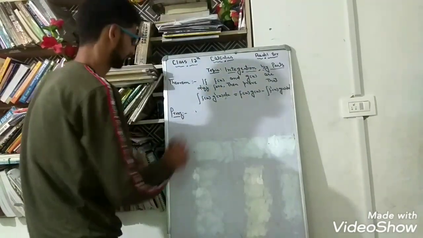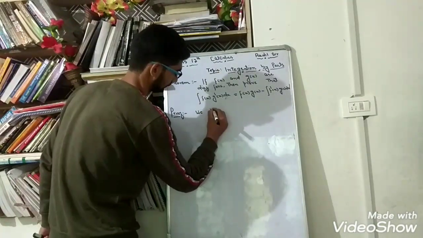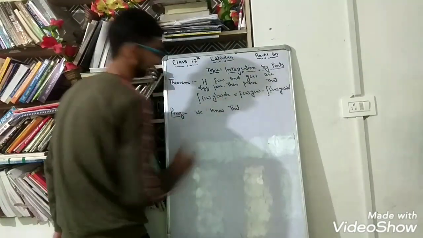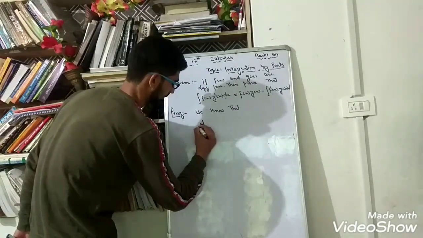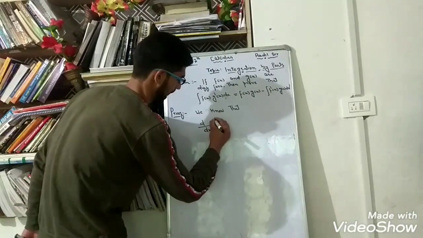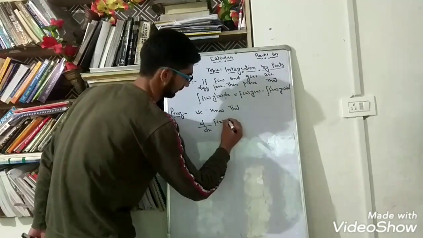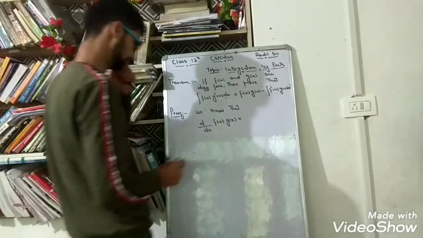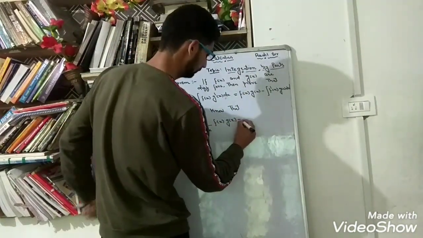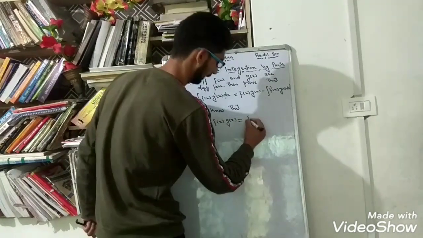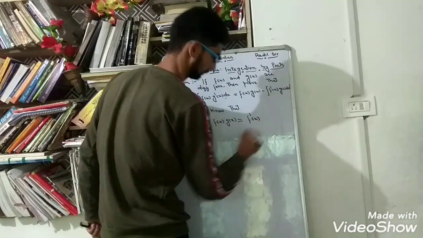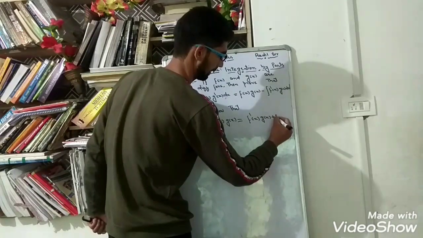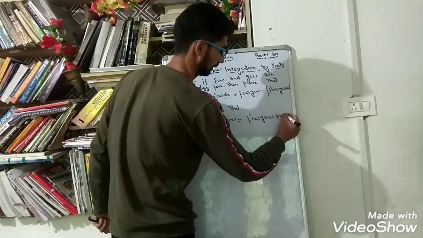As right now we know that d by dx of f(x) g(x) is equal to f'(x) g(x) plus f(x) g'(x).